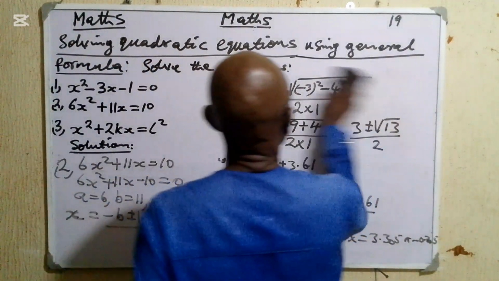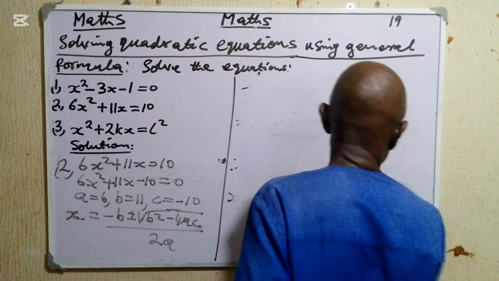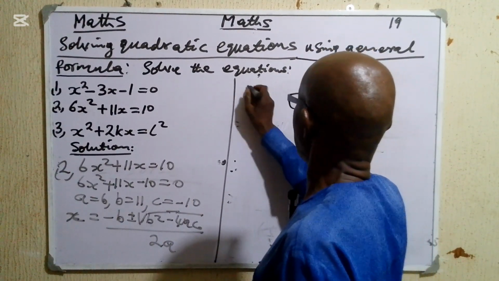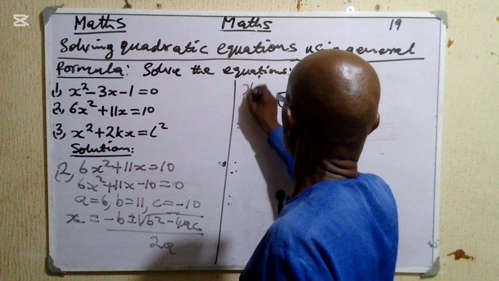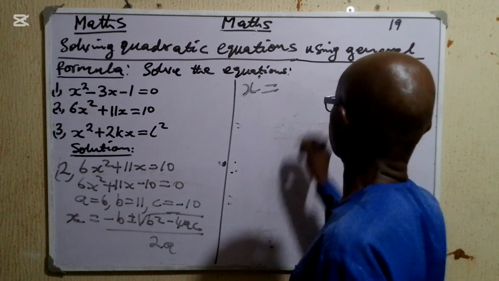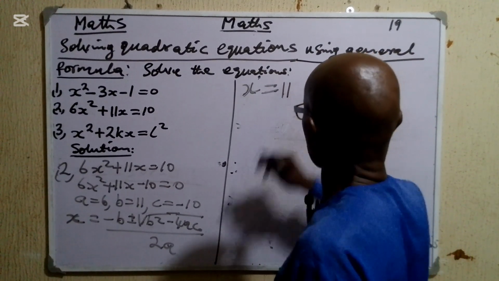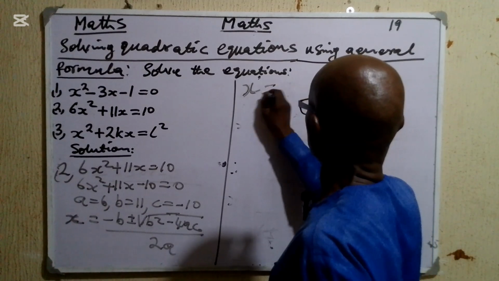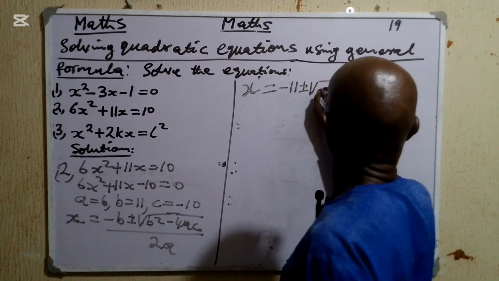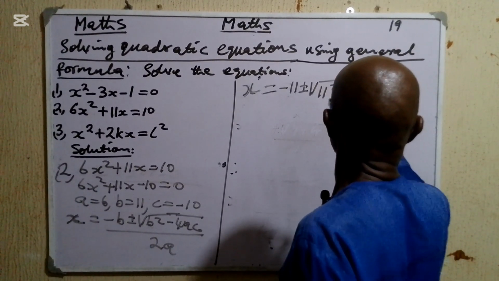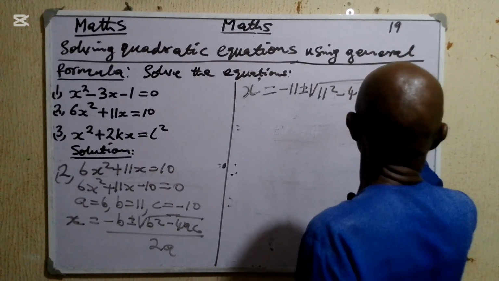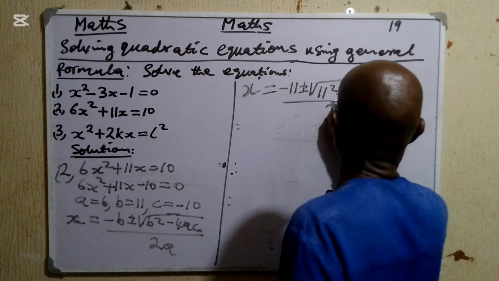So from there, we substitute, and our b is 11, our x is equal to minus 11 plus or minus square root of 11 squared minus 4 times a, which is 6, multiplied by minus 10. Everything over 2 times 6.